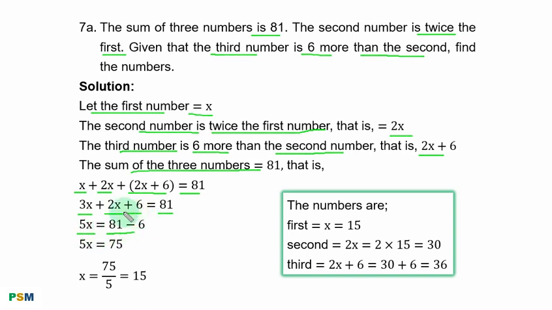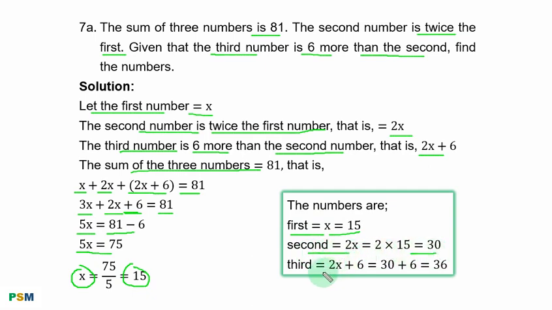You transfer plus 6 to the right hand side. You have 5s equal to 75. To get s, divide both sides by 5. s is equal to 15. The numbers are: first number equal to s is 15. Second number 2s becomes 30.